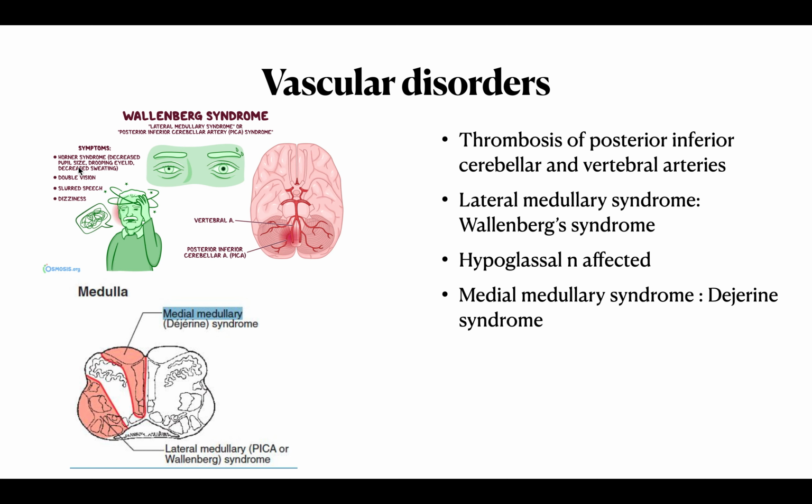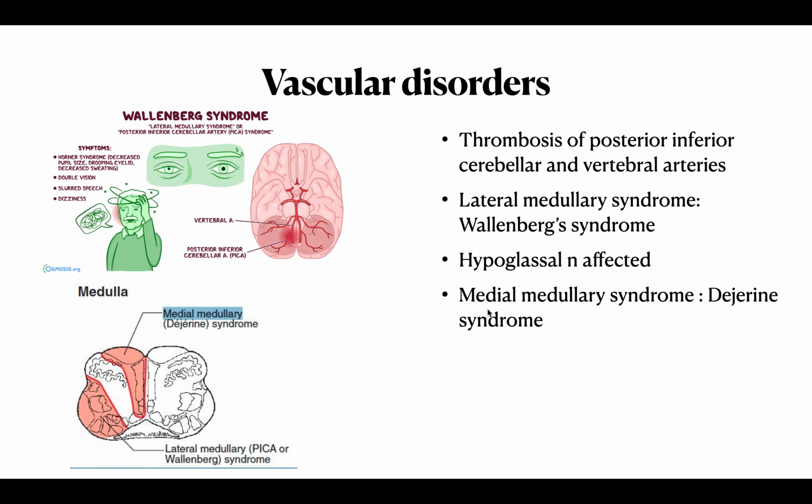So what's going to be happening? The Horner syndrome is going to occur. So decreased pupil size, droopy eyelid, a lack of sweat, the double vision, slurred speech, dizziness. The hypoglossal nerve is going to be affected, of course. So that's going to be the slurred speech.